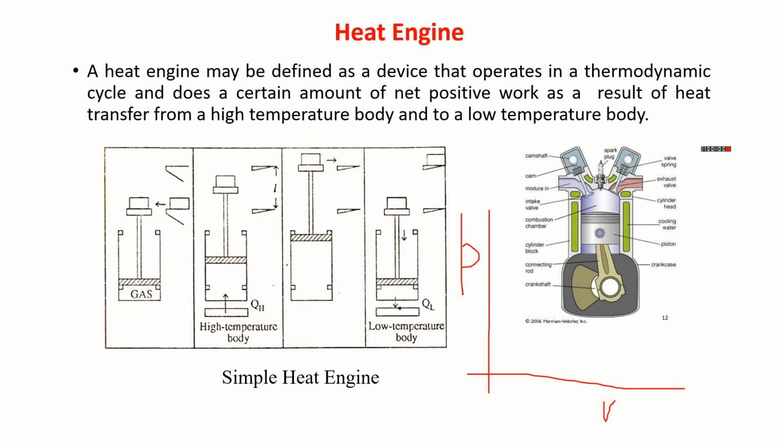Let me consider a reciprocating engine. Here, this part is the system I'm considering. Now the system is in an equilibrium position because there is a weight acting on it. Of course, there is pressure acting up on the piston. These two are balanced, so it's in the equilibrium state.